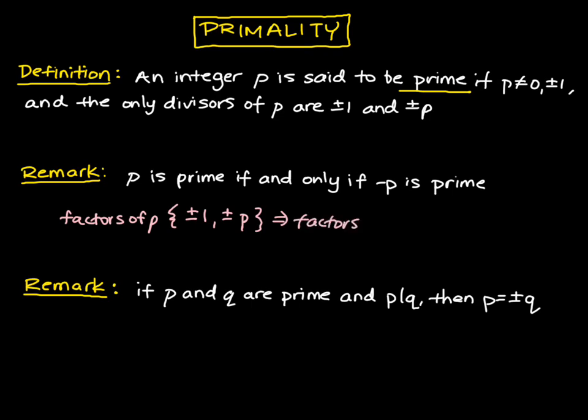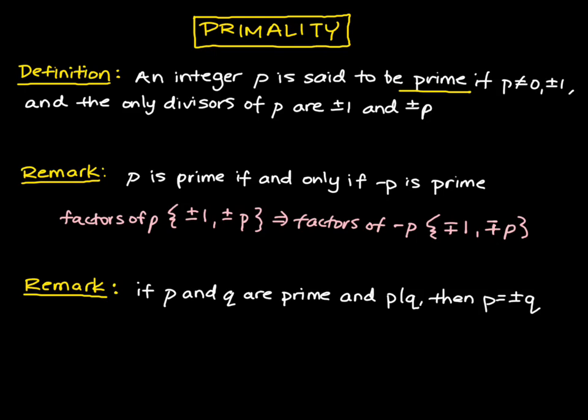The factors of negative p are going to be what we get when we negate everything in here. So this is going to become this, which is precisely the definition of a prime number. Its only divisors are plus or minus 1 and plus or minus p. And so we see that if p is prime, negative p is prime.